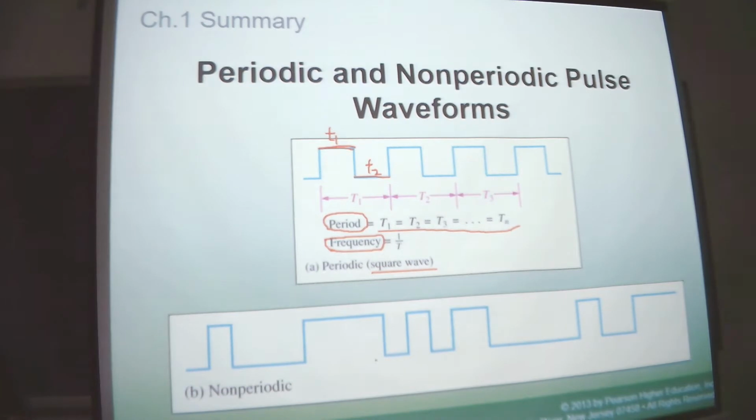The second figure is non-periodic because we cannot find the period. This T1 is not equal to T2. And this is also not a square wave.